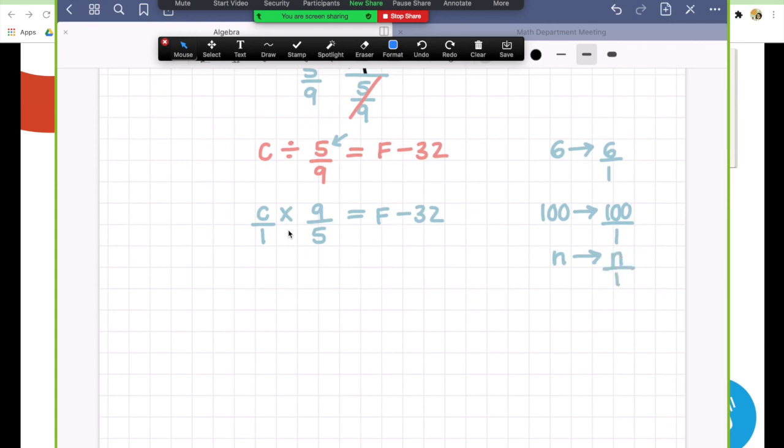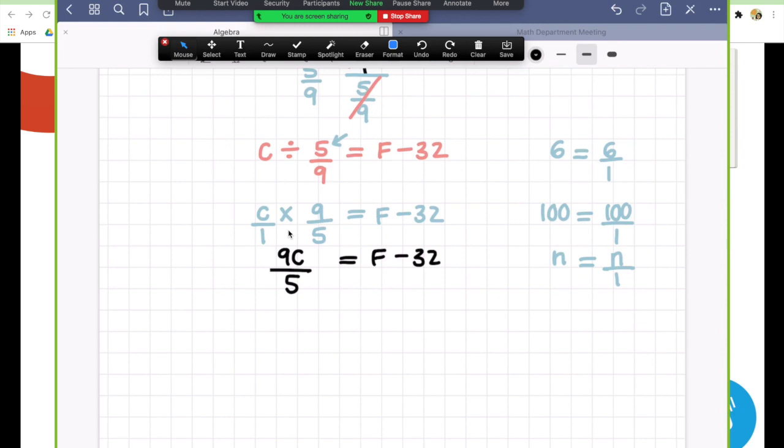And it still equals the same exact thing. So all of these here, they all equal each other. So we could just change them into fractions if we wanted to. So that's why here, C, we can just change that into C/1. So C times 9 gives me 9C. 1 times 5 gives me 5. And that equals the Fahrenheit minus 32.